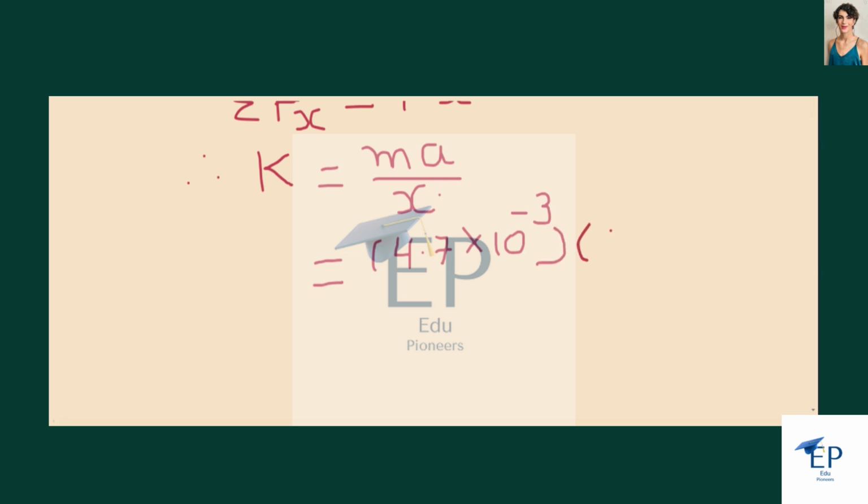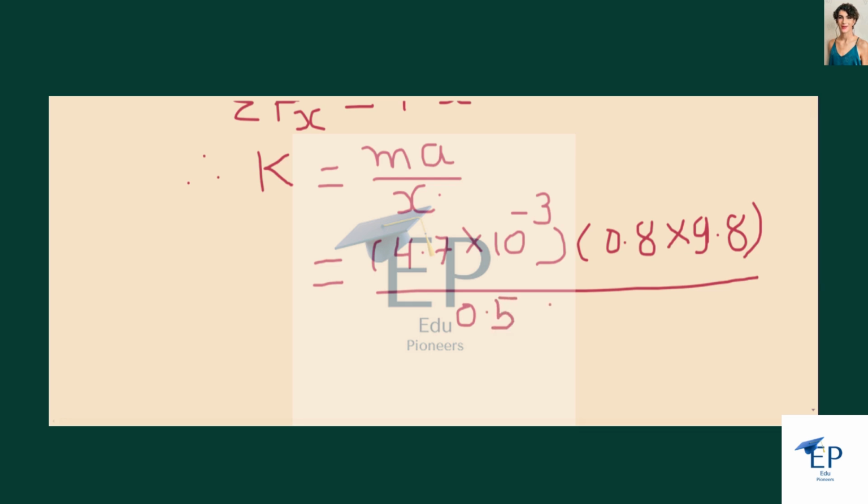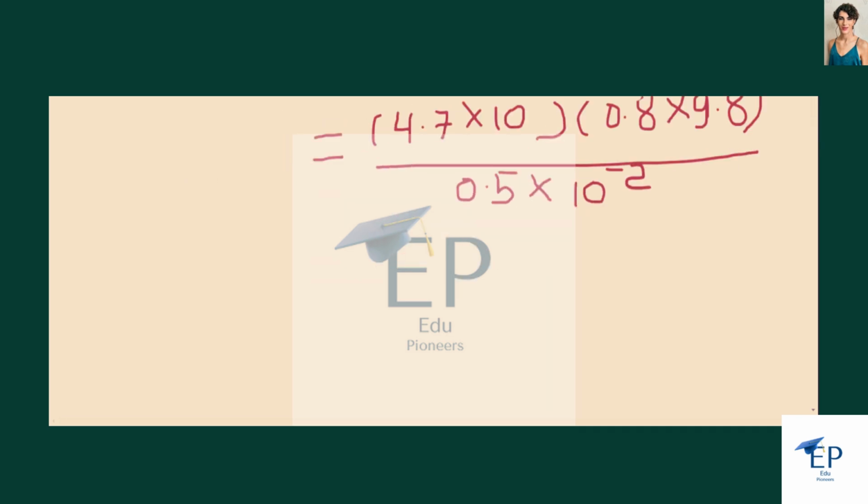The acceleration value, these all are given, that is 0.8 into 9.8, upon the x value, which is 0.5 into 10 to the power minus 2, which is our denominator, and we will solve.